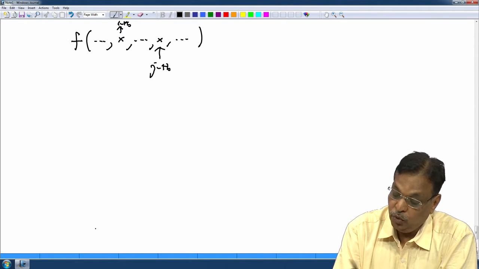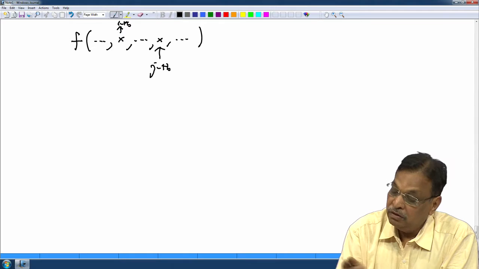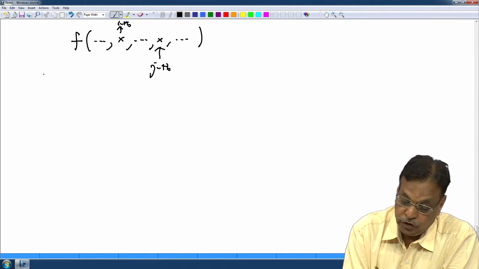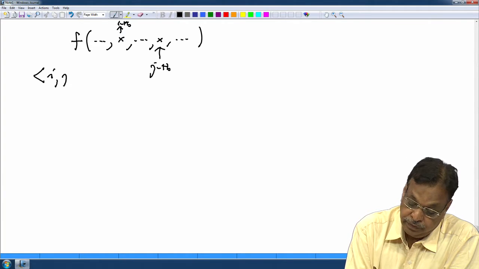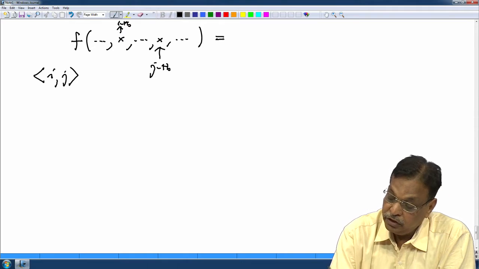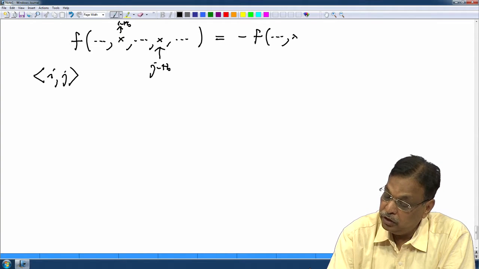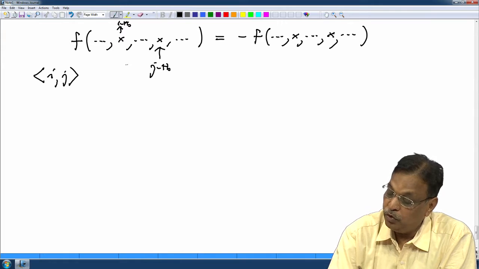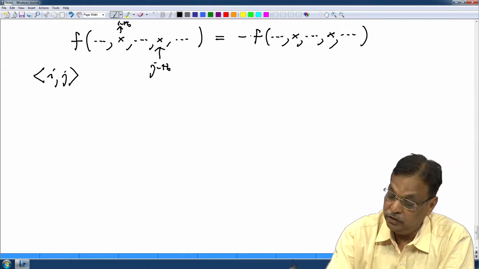But I definitely know that if I apply a transposition ij, then this changes the sign. This is f of dot dot dot, and these are changed, but you can't see it. We have changed the coordinates, but they are equal coordinates, so you cannot see it. So this is minus of that.